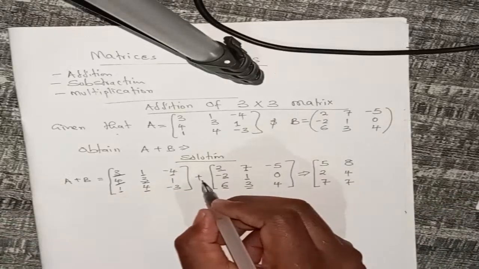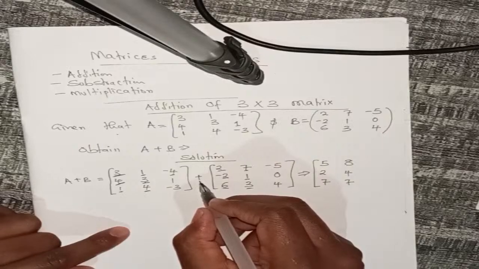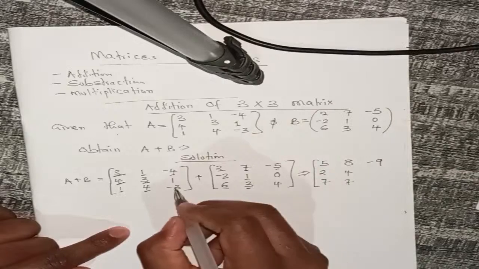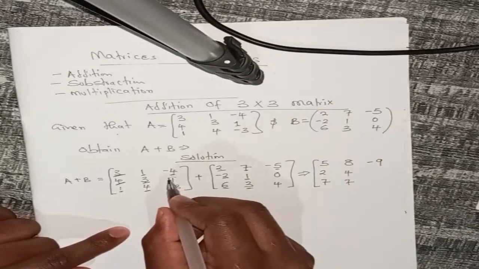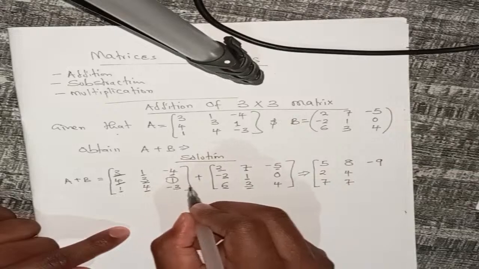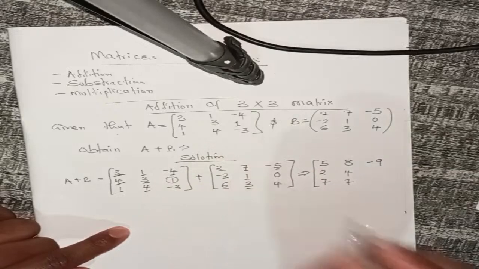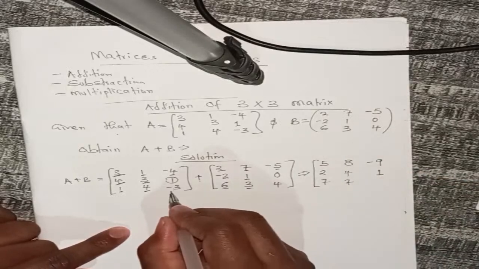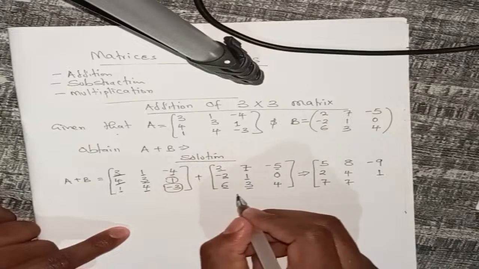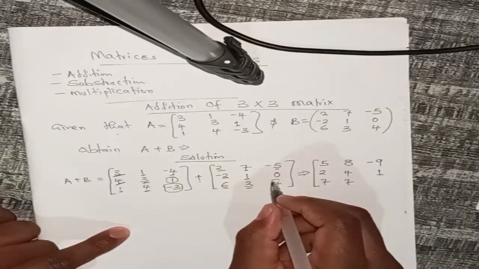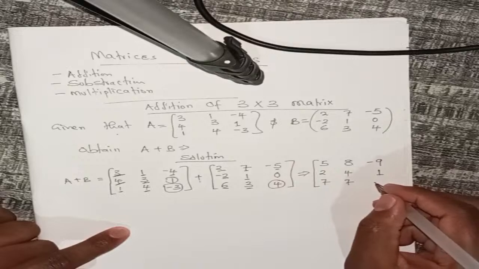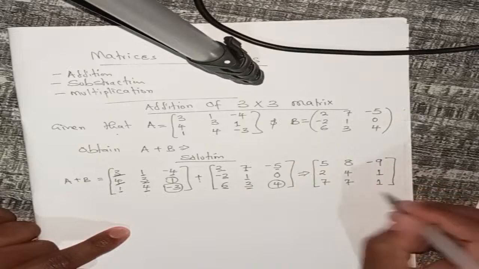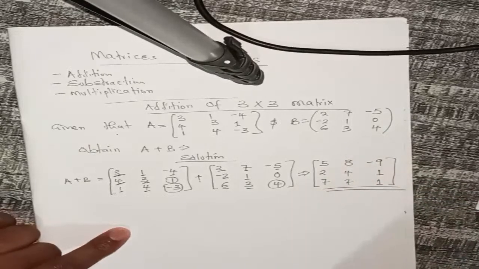Minus 4 plus minus 5 gives minus 9, then 1 plus 0 is 1, then minus 3 plus 4 gives positive 1, and this is the solution of your matrix.